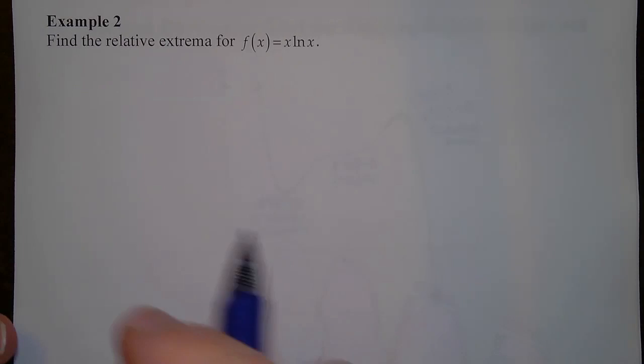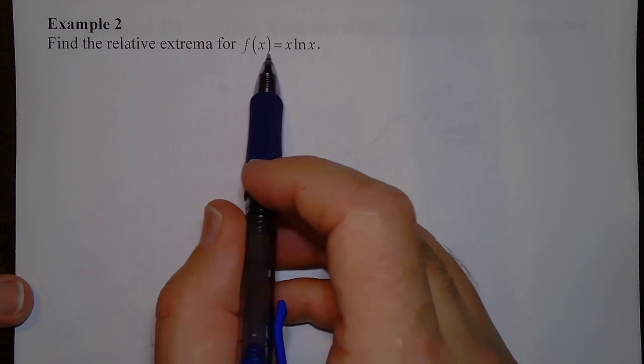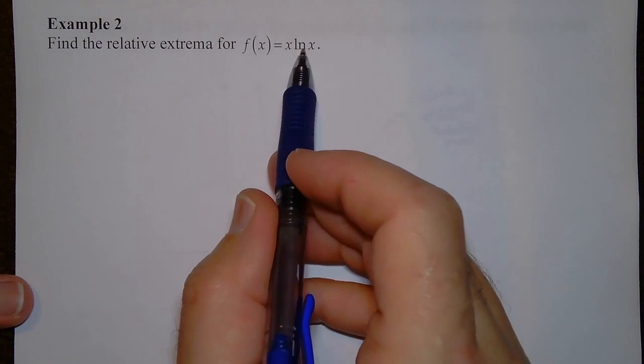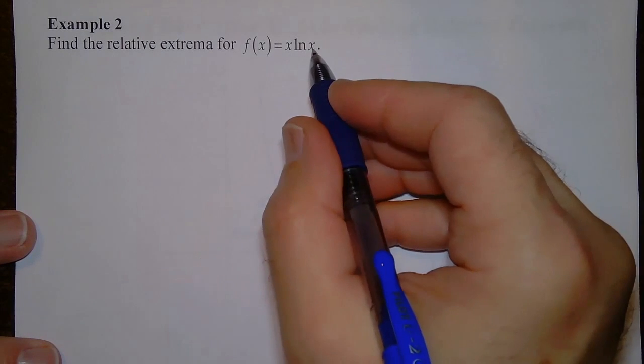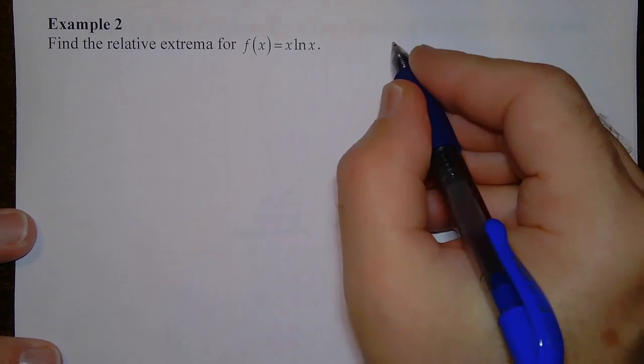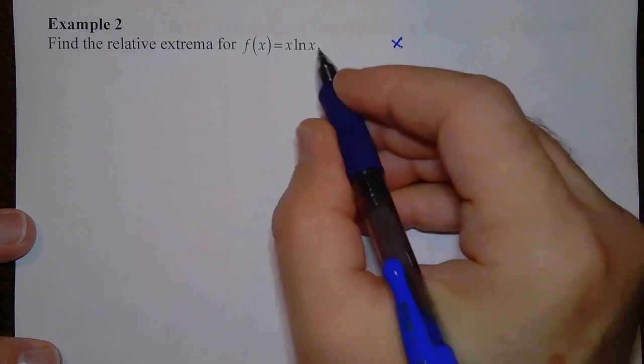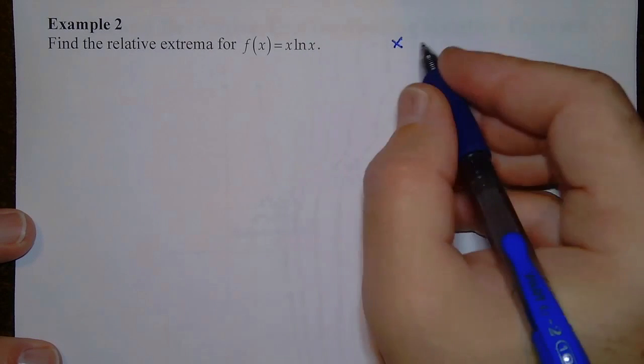For this problem, we want to find the relative extrema for f of x equals x times ln of x. There's a domain restriction here, and that is because there's a logarithm function, and we know that for logarithms the argument, the x, has to be positive.